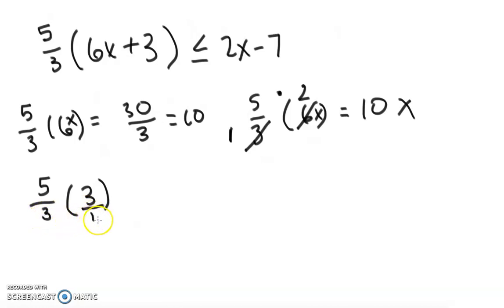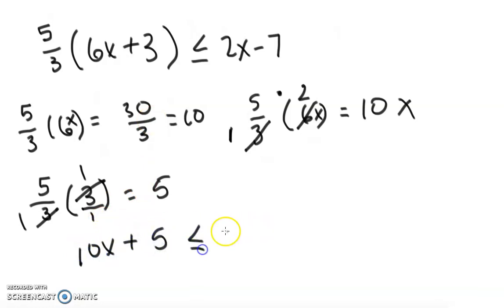Instead of multiplying this way, I would just cross these out, see what's similar, make them 1s. 5 times 1 is 5. So the end product of the left side is 10x plus 5, less than or equal to 2x minus 7.